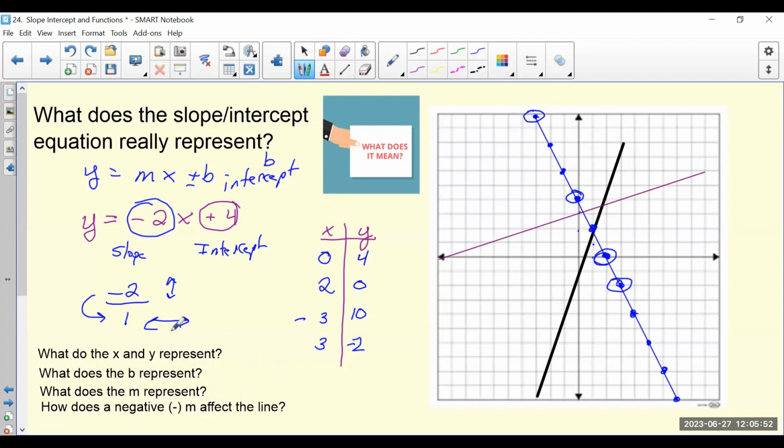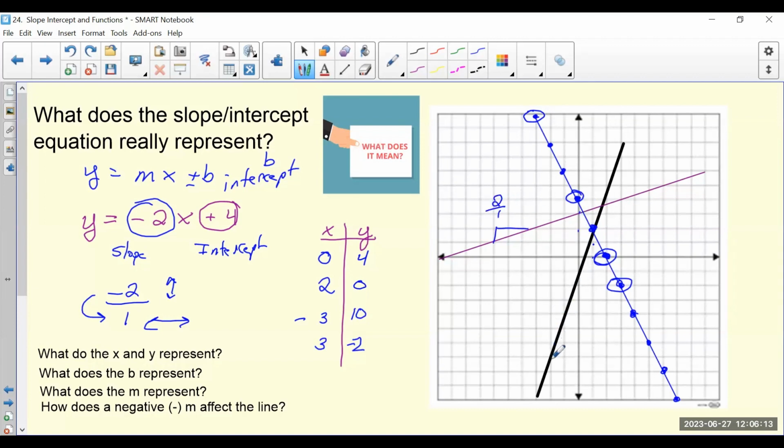What's the difference between this last one, where we had a negative slope, and the other two where we had positive slopes. Because remember, this slope was up 1 over 2. That was a slope of 2, or 2 over 1.